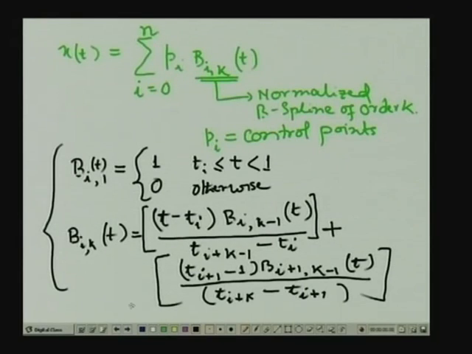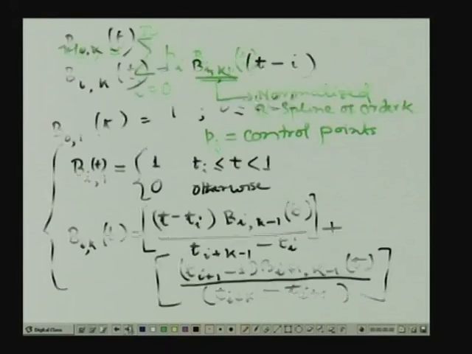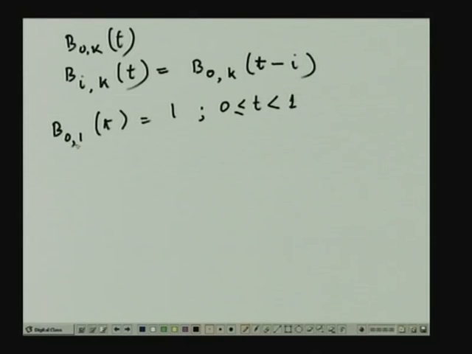So, b 0 1 t is equal to 1 whenever t lies between 0 and 1, 0 inclusive, and 0 otherwise. So, you find that b 0 1 t is constant in the region 0 to 1.